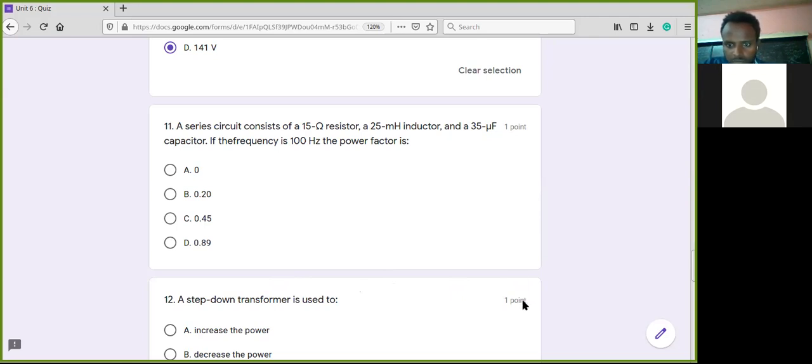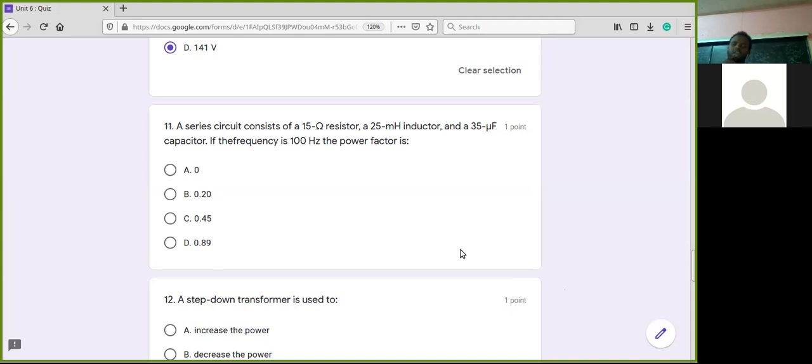XL minus XC. XC is 1 million divided by 35 times 6.28.